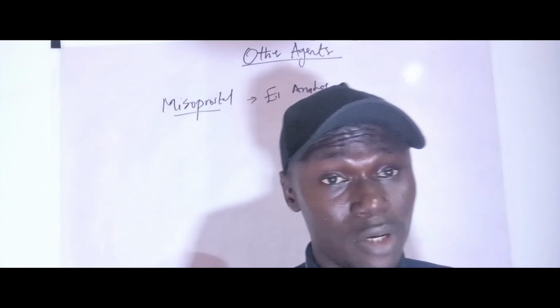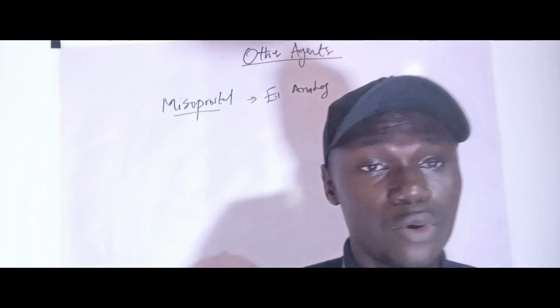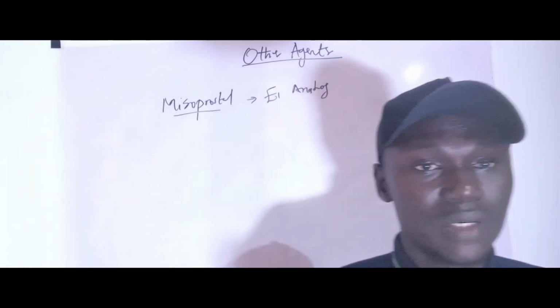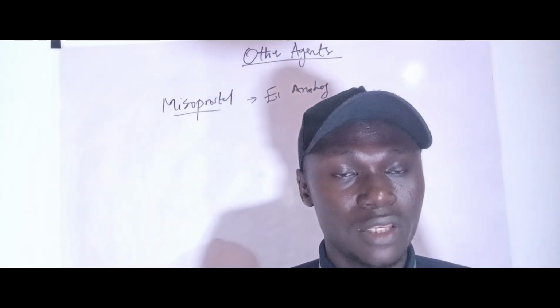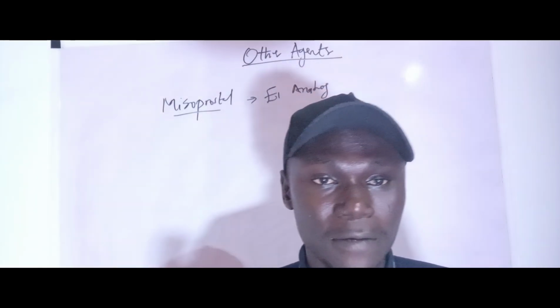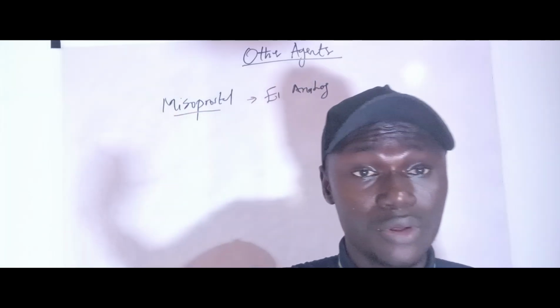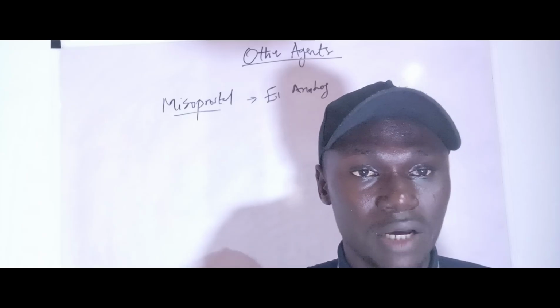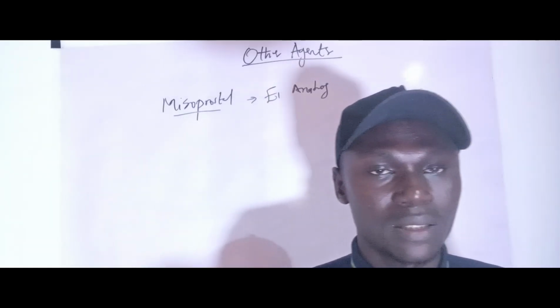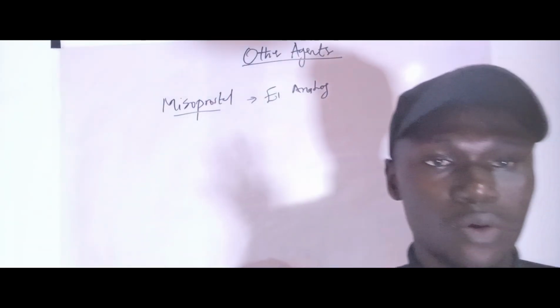And if you increase blood flow to the mucosa, you are going to increase mucosal secretion, including bicarbonate secretion, because the more blood getting to the mucosa, the more mucus and the more bicarbonate will be secreted. You are getting it now. So that is the mechanism of action of misoprostol.